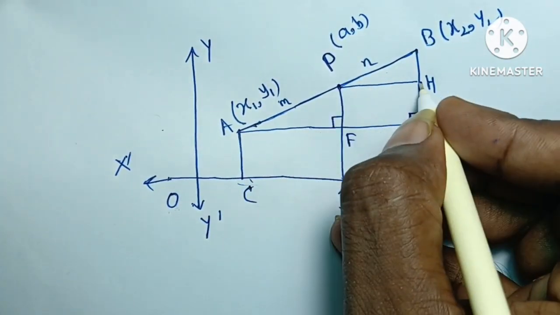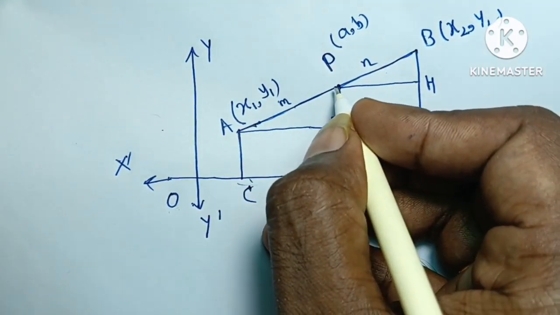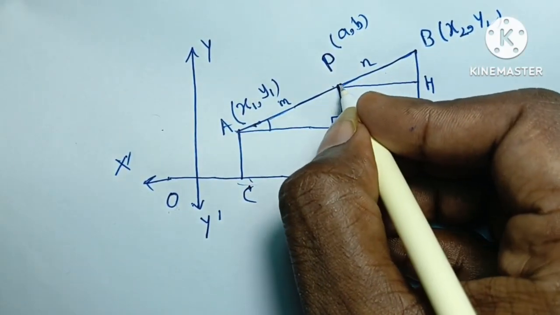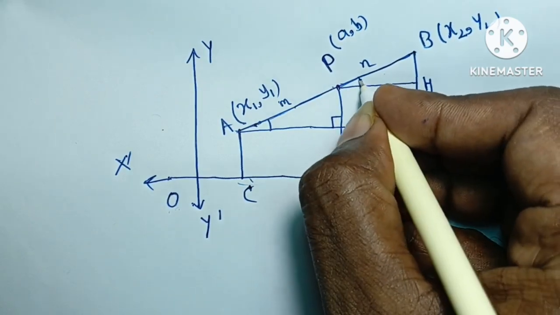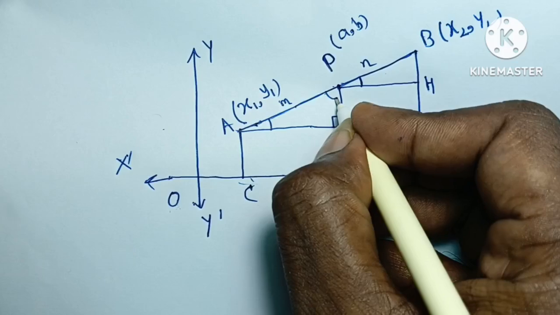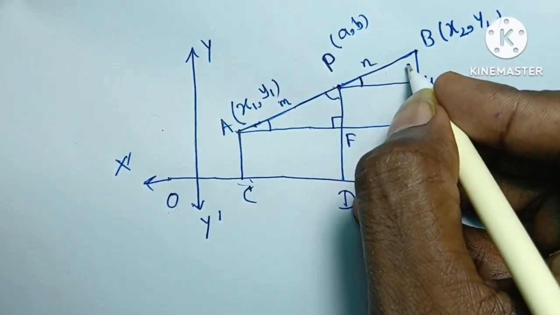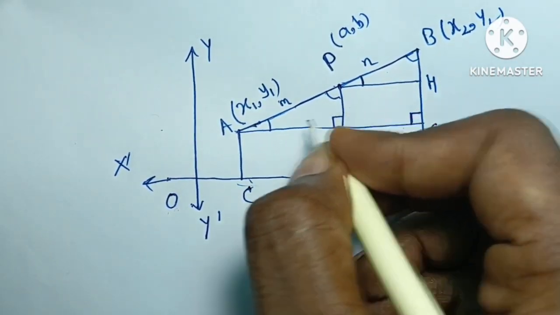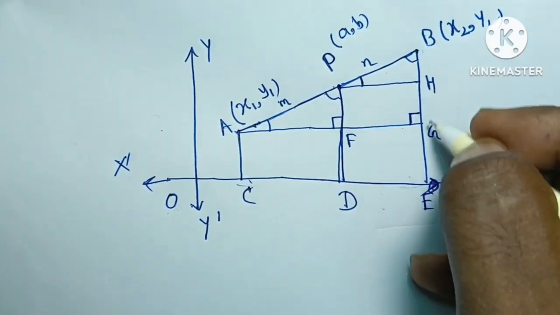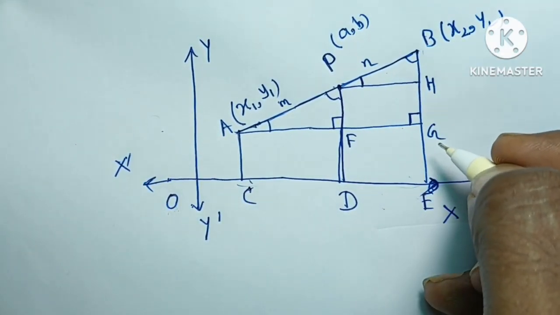AG is parallel to PH, so angle PAF equals angle BPH, because these are parallel, and angle APF equals angle PBH, because PD and BE are parallel.